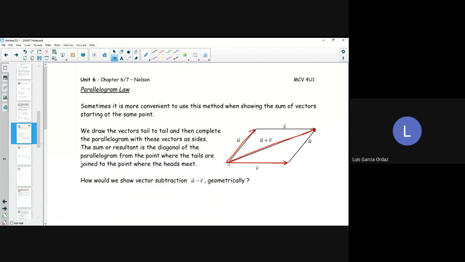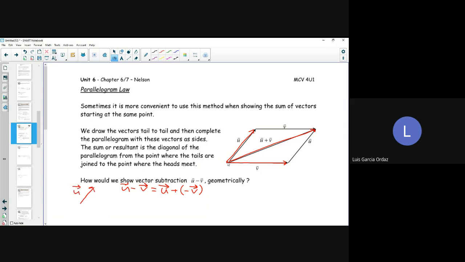So how could we show vector subtraction for U minus V geometrically? Vector U minus vector V is the same thing as saying vector U plus negative vector V. What I mean by this is U is going this way.